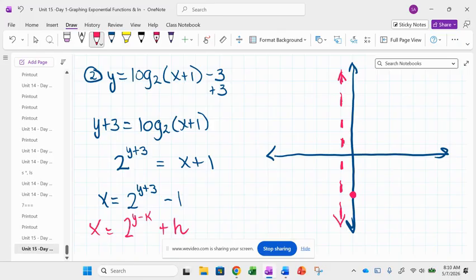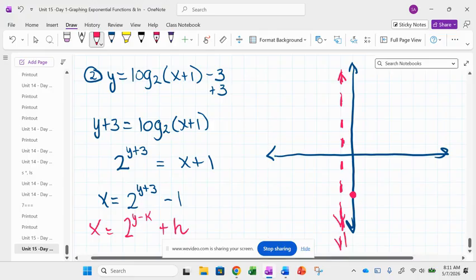Now, should my graph be increasing or decreasing, and how do we know? You got it. Increasing because the base is greater than 1. So let me actually extend this a little bit more. So it looks like it's going to be something like that.